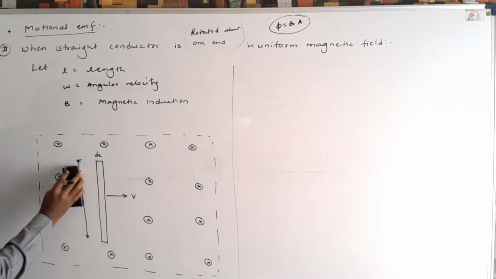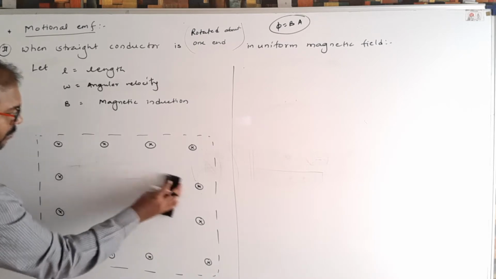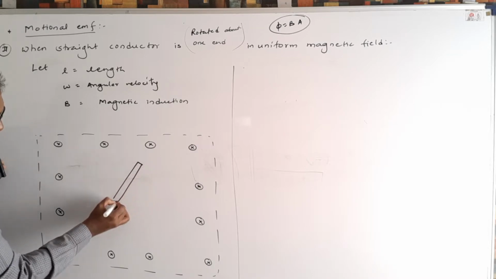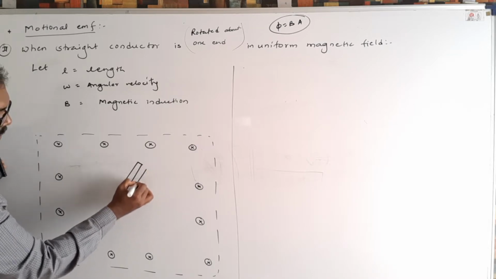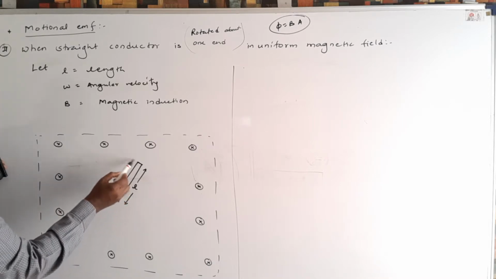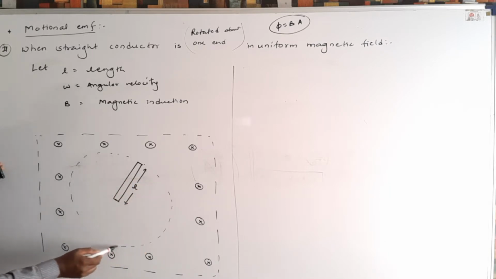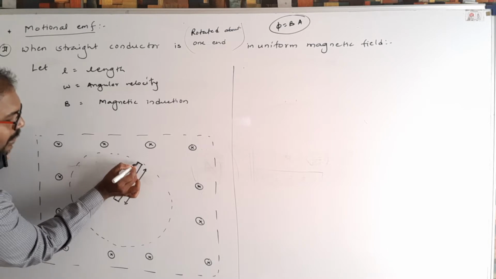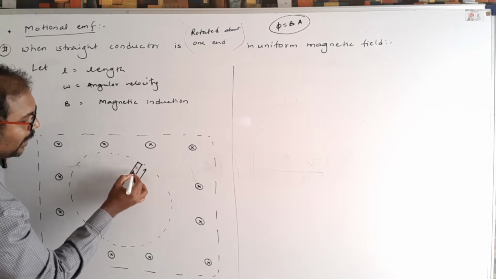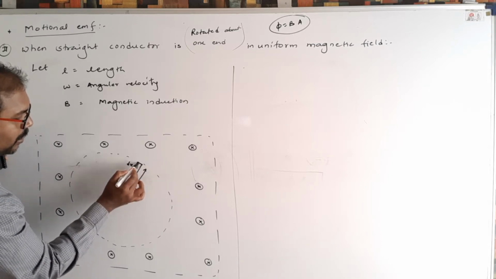Now after that, we have to draw a diagram here. So let me draw a diagram. This is a straight conductor whose length is L, and it is rotated about one end. So we get this type of motion. Now I consider a part of this conductor, and I name that part dx.